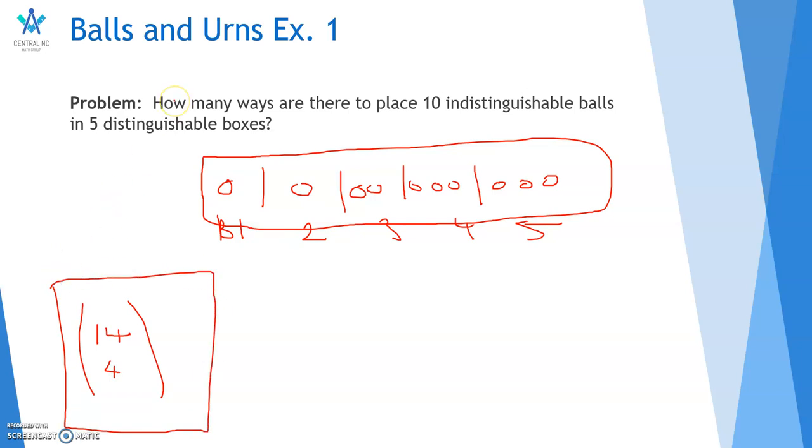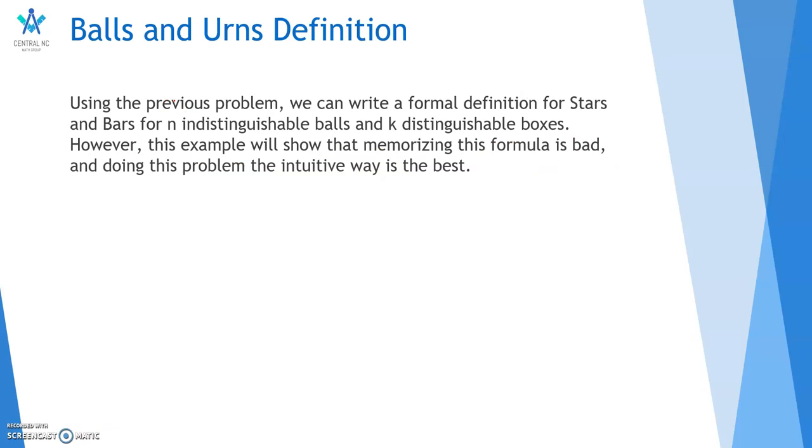And similarly, doing this, we can go on and write a formal definition for the balls and urns method. For n indistinguishable balls and k distinguishable boxes, we have, as we said before in the products, k minus 1 dividers, so that'll give us k spaces. And we have n balls.